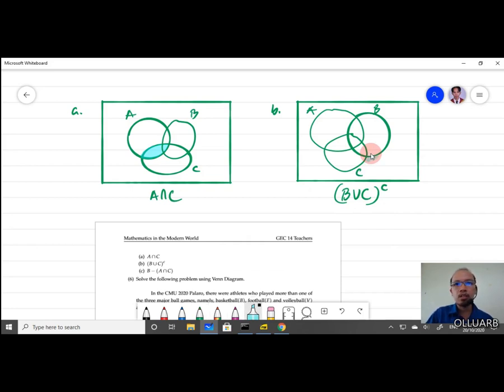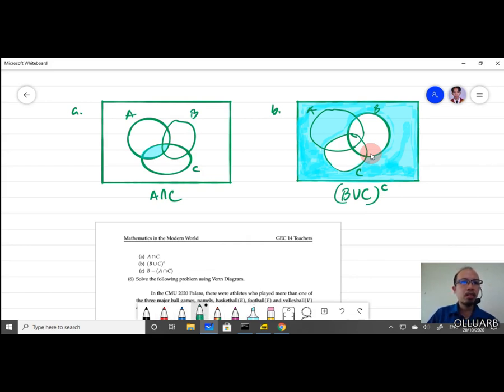So this is the shaded region. Okay, so that's the shaded region for letter B.